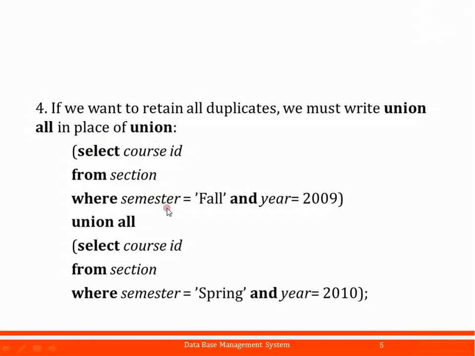This will not remove any duplicates if present in the query result. So those courses taught in fall 2009 and those taught in spring 2010 will be combined together, with the duplicates retained with the help of union all.